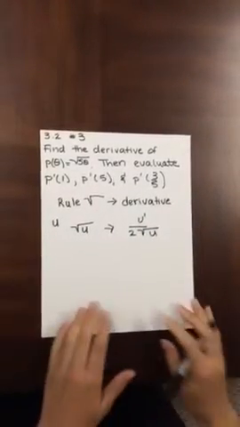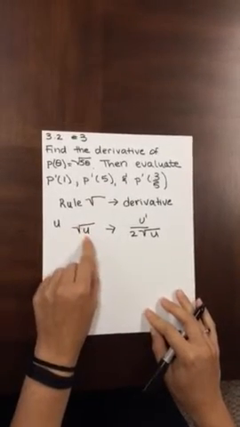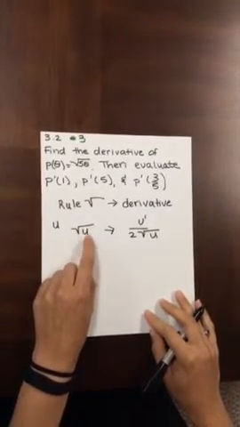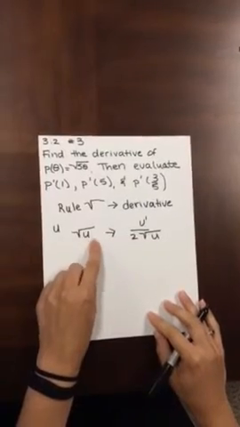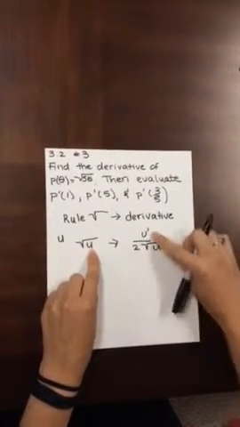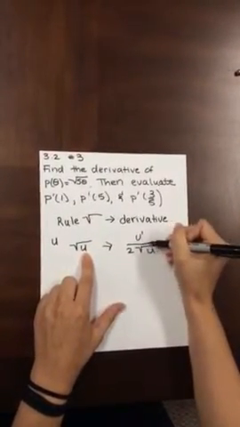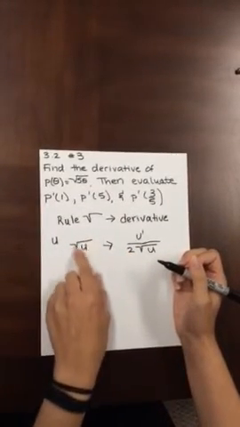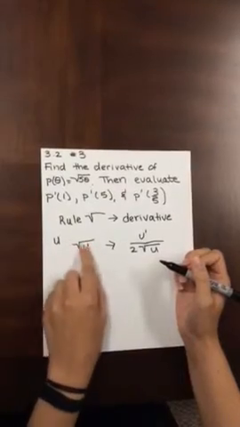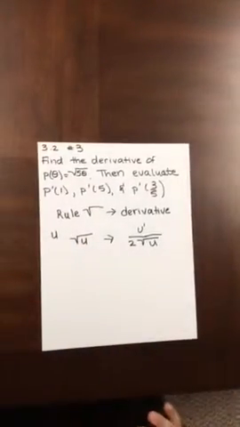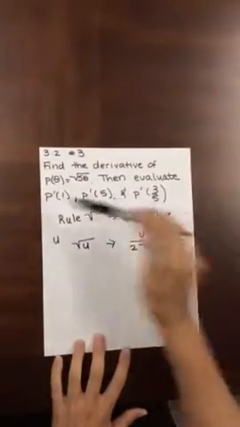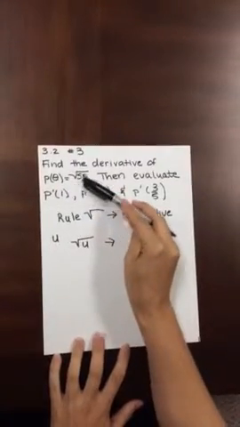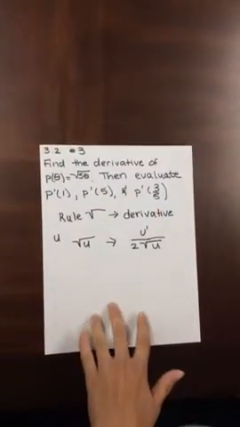To explain this a little bit better, underneath the radical is the radicand, so we take the derivative of what is underneath that square root sign and put it on top, and then underneath we just take 2 times this original number here. So in our problem we have P(θ) equal to the square root of 5θ.